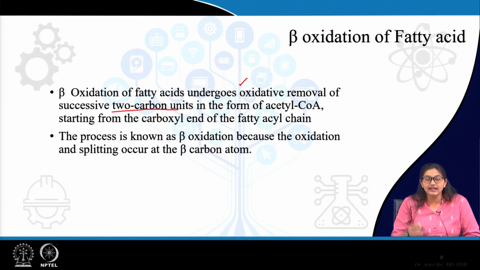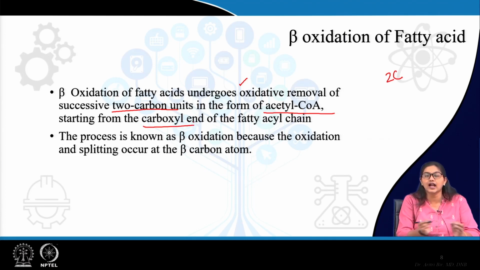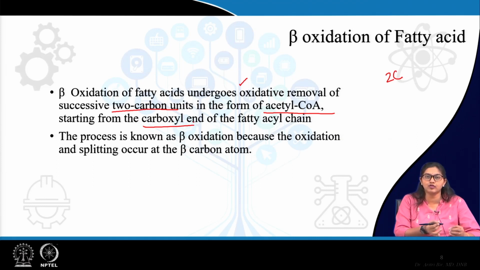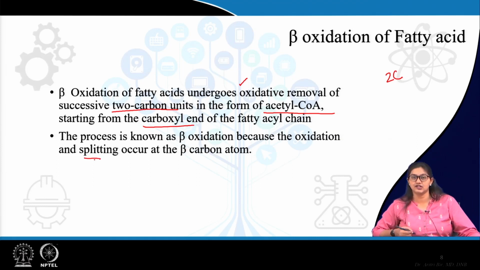In each cycle there is removal of 2 carbon units in the form of acetyl coenzyme A, and that starts from the carboxyl end. This process is known as beta oxidation, as I told you already, because there is oxidation at the beta carbon position and there the splitting occurs. So, this is our beta oxidation.